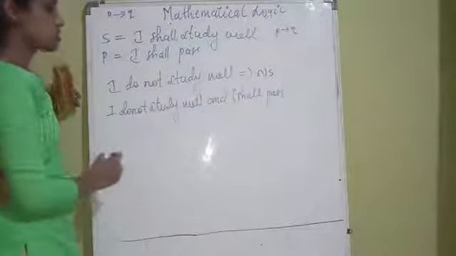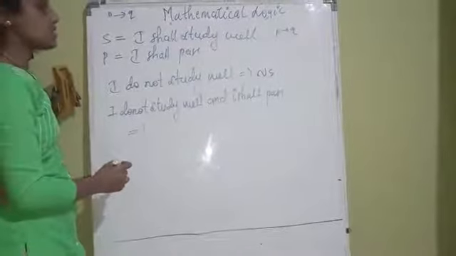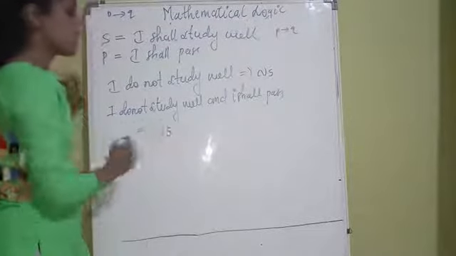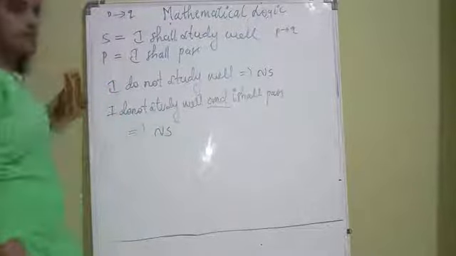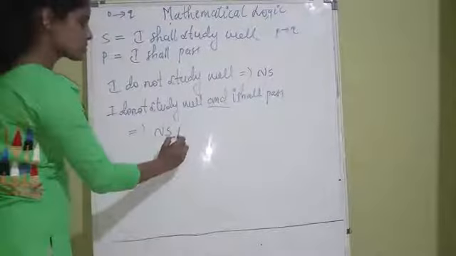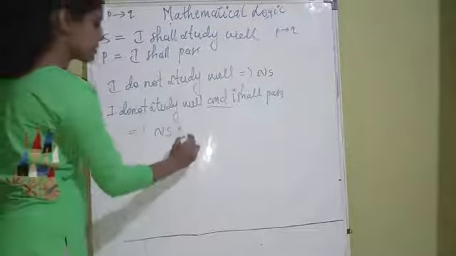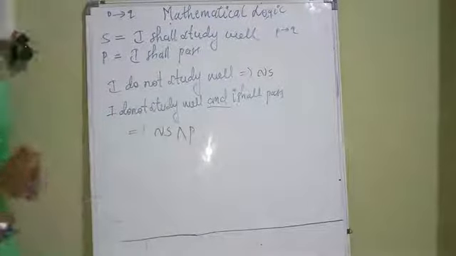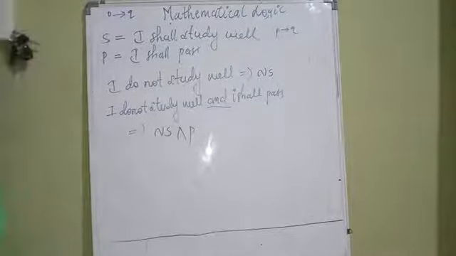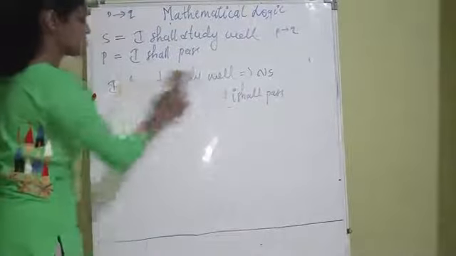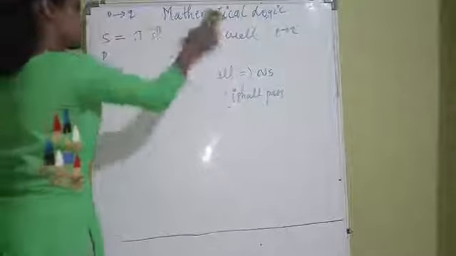I study well means S, and do not study well means negation of S. And is given, so and means conjunction, so the conjunction symbol. And I shall pass means P. So that is negation of S conjunction P. Okay. So these are some examples using the symbols.